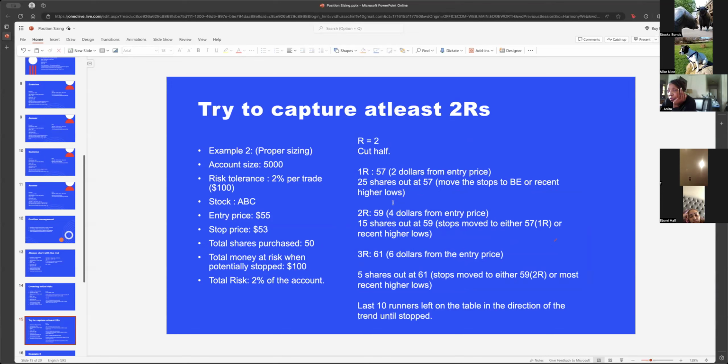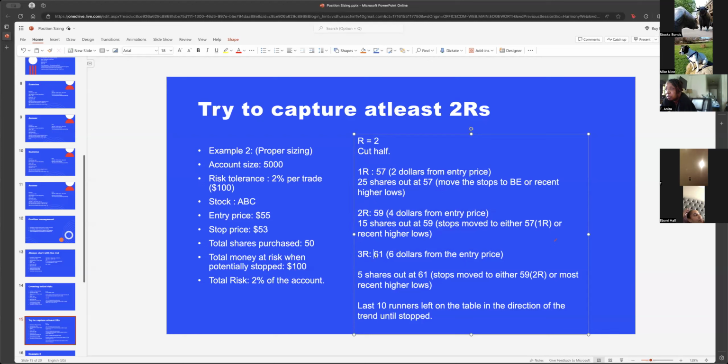What does it actually mean? 1R is what we discussed before, the stock price moving 1 times your risk to the upside, which is $2 from the entry price. 2R means 2 times your risk to the upside, which is $4 from your entry price, $59. 3R is 3 times your risk to the upside, which is $6 from your entry. That is what 3R actually means.